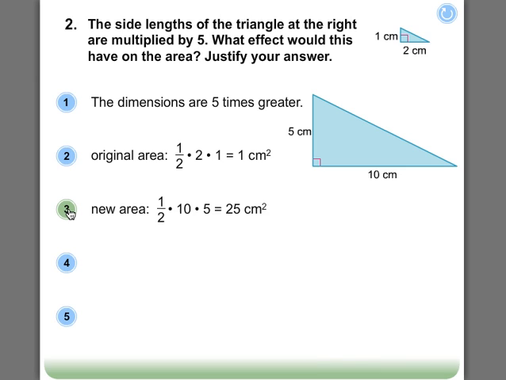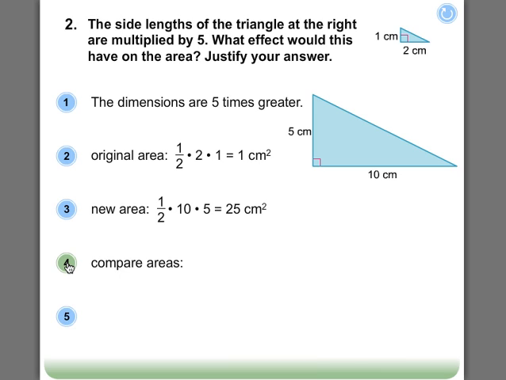Okay, the new area is 1/2 times 10 times 5, which is 25 centimeters squared. Because 10 times 5 is 50, and half of that is 25, or you could do 1/2 times 10 is 5, and 5 times 5 is 25 centimeters squared.